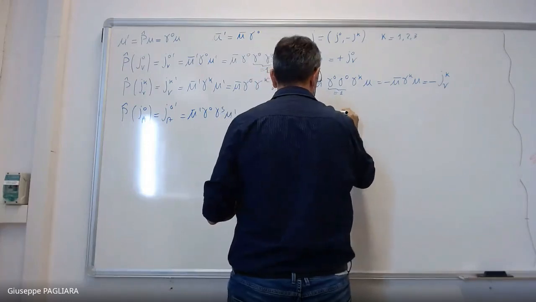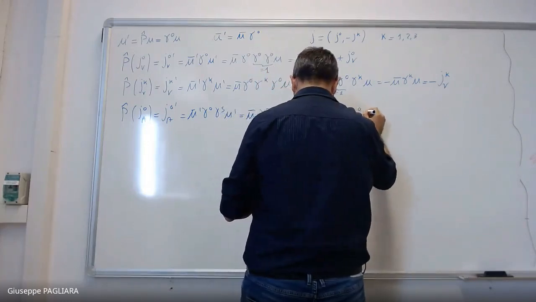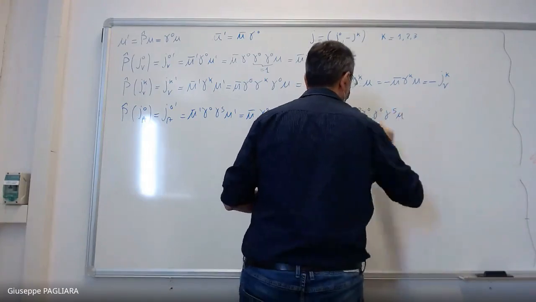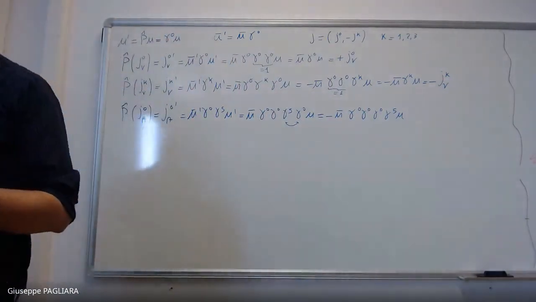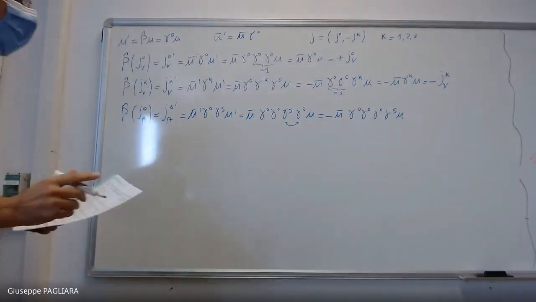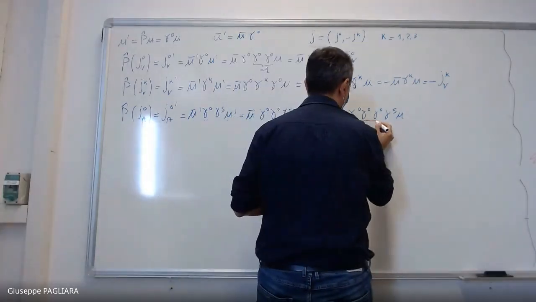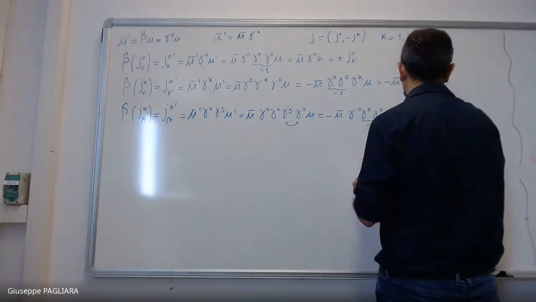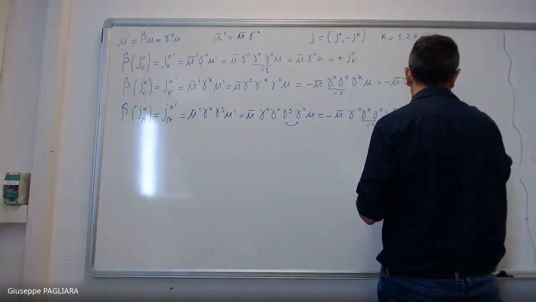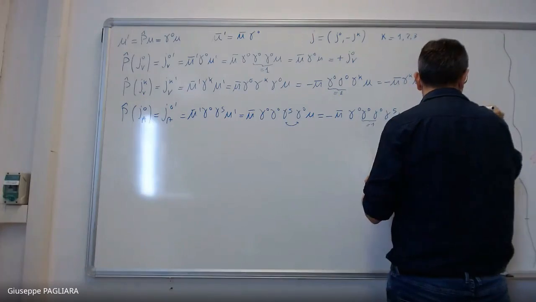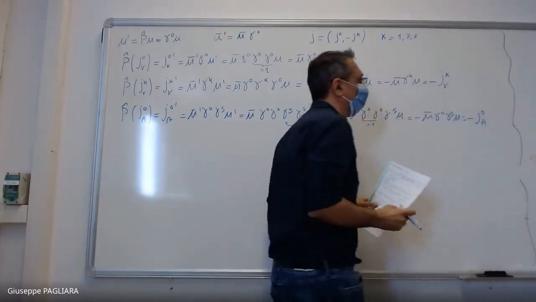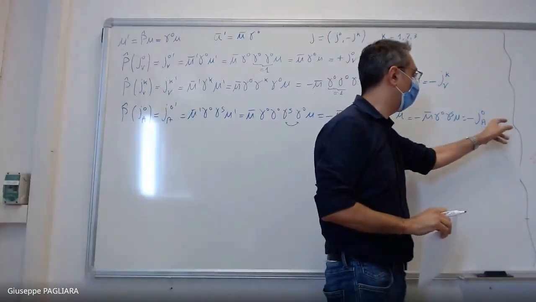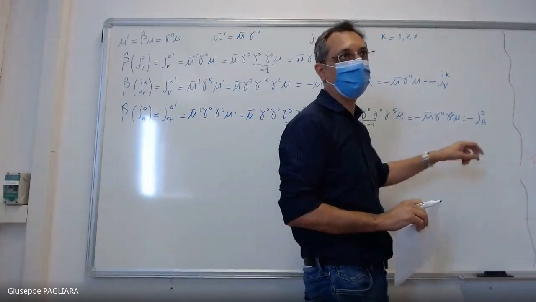So we get a minus sign, ū γ⁰ γ⁰ γ⁰ γ⁵ u. So this is again 1. And so we have minus ū γ⁰ γ⁵ u. It is minus J⁰ prime.